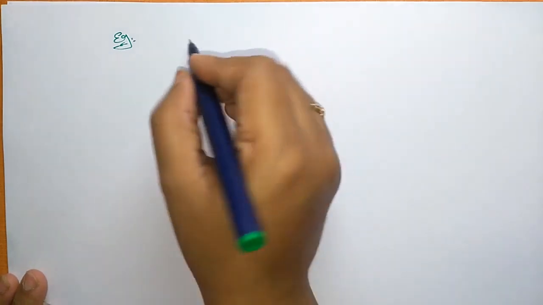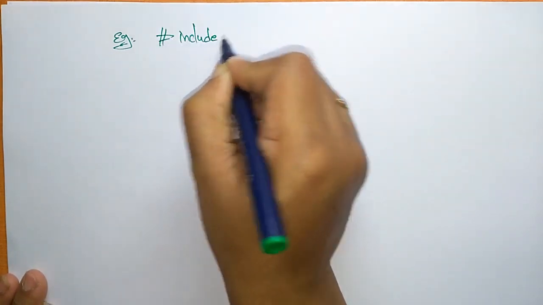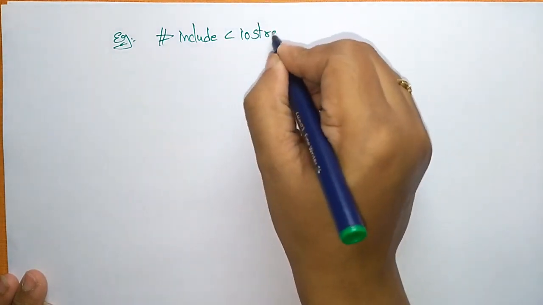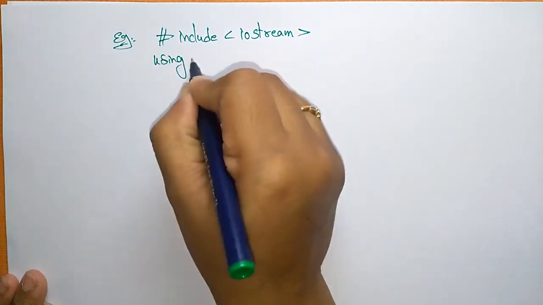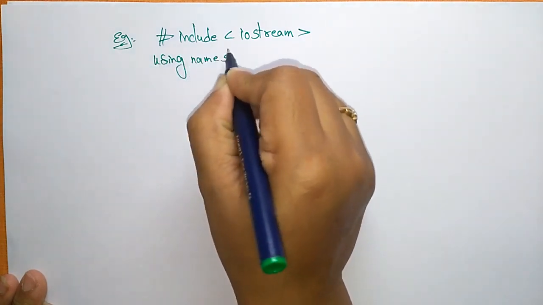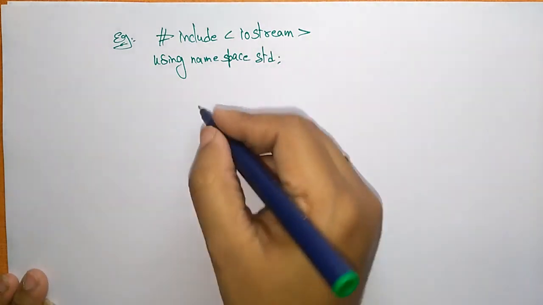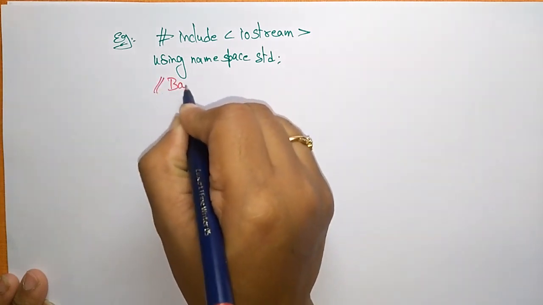I am writing the program here for single inheritance. Hash include, to access the input output functions you have to write iostream, and using namespace std, so I declare it. Now first I am writing the base class.